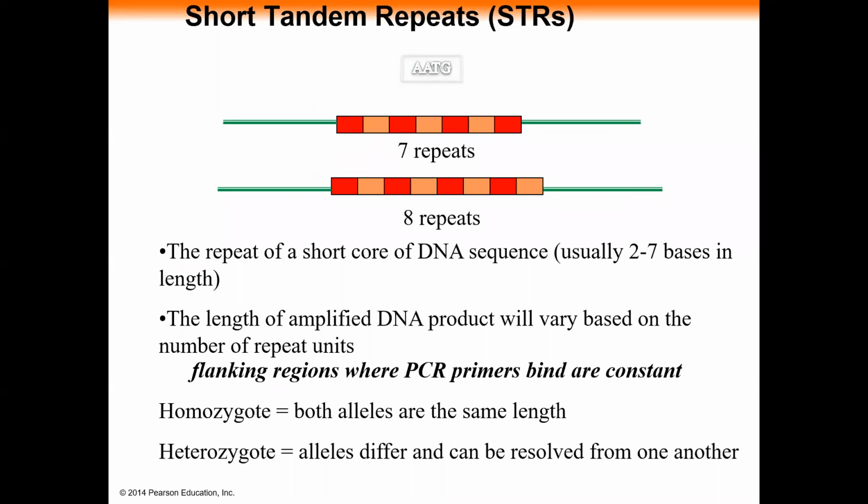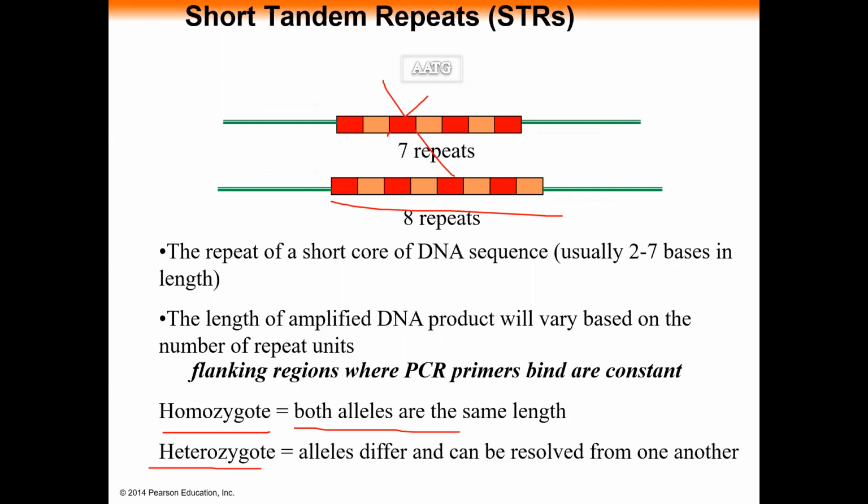So you can be a homozygote and have both alleles of that region the same length. Or you can be heterozygote, where they differ, one's a little shorter than the other, or you're just completely missing one copy and only have the other one. And you can determine all of that using PCR and gel electrophoresis.